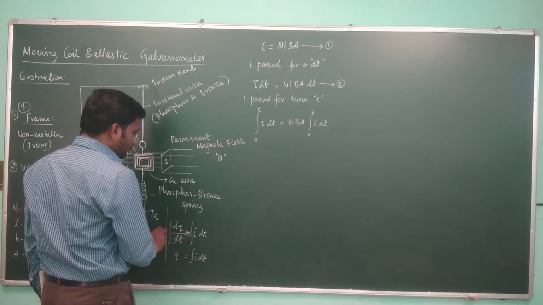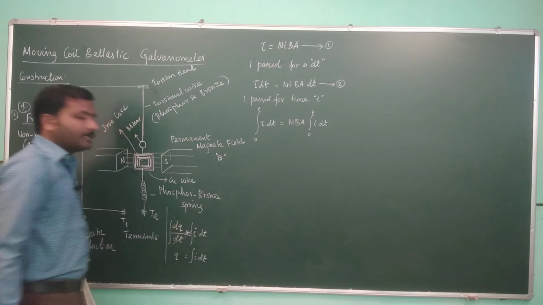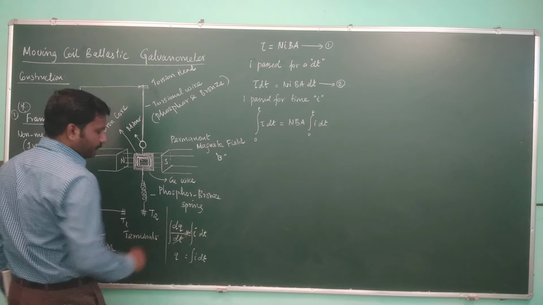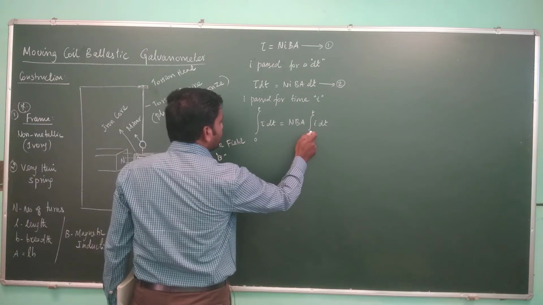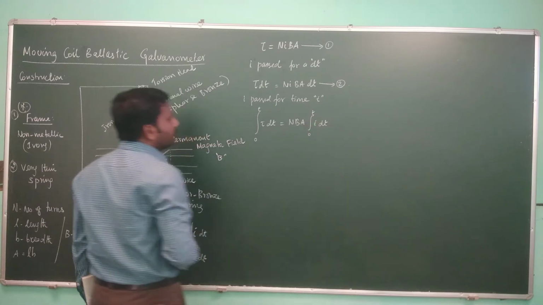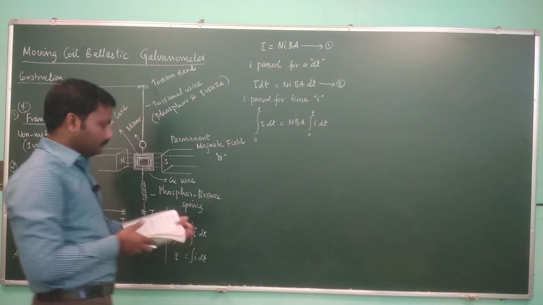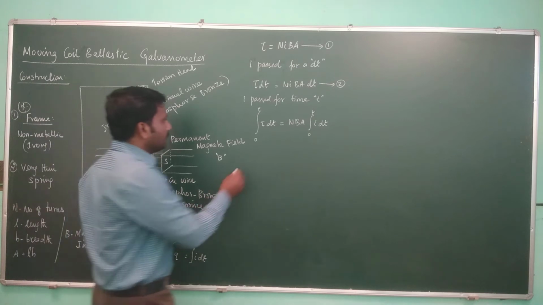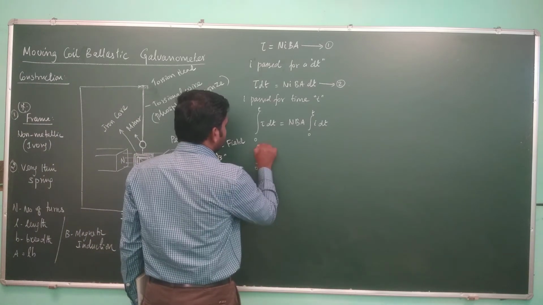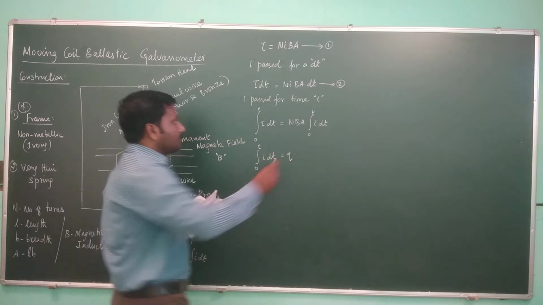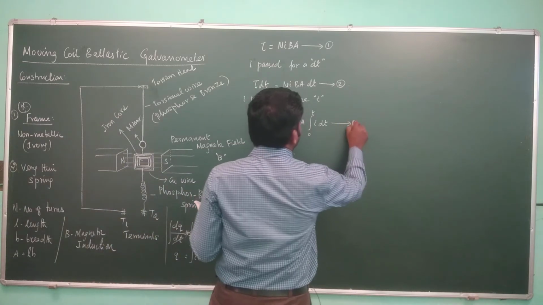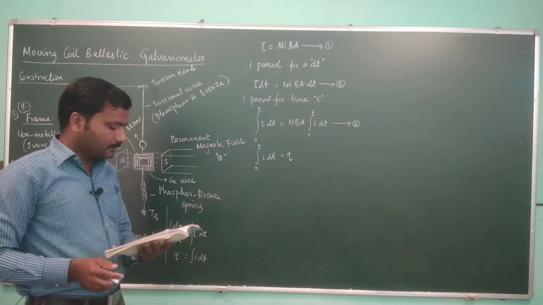Integration and differentiation cancel out. What remains is q, so you can replace the integral from 0 to t of I dt with q. So the integral from 0 to t of I dt is equal to q. This is equation number 3.